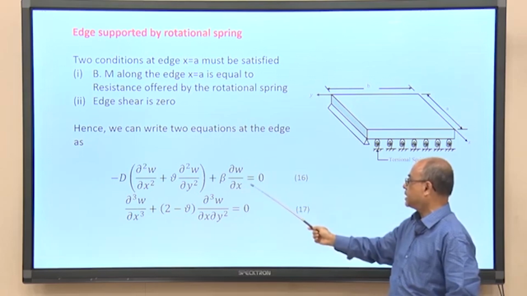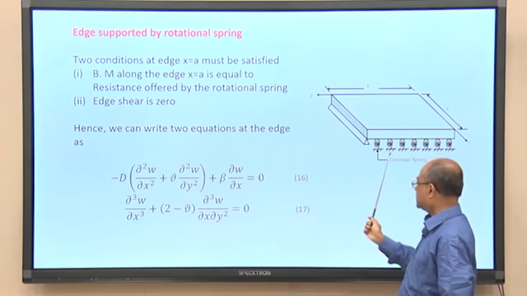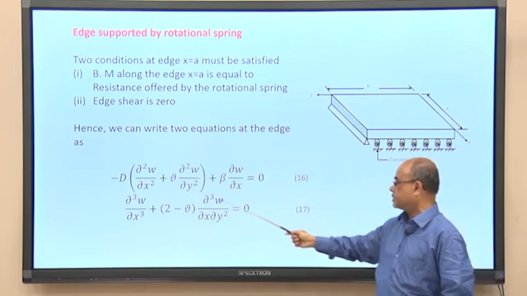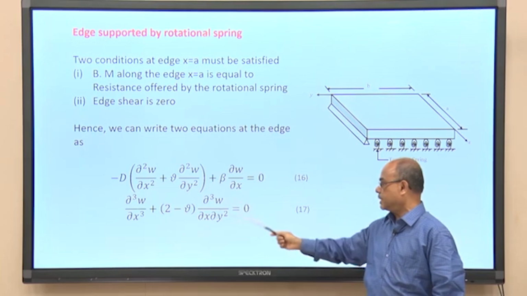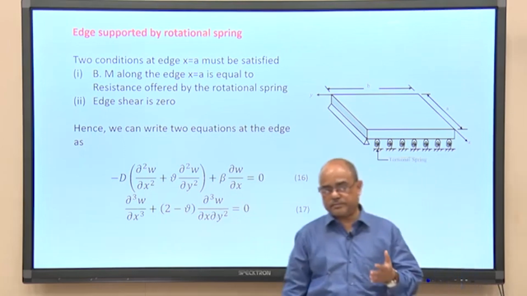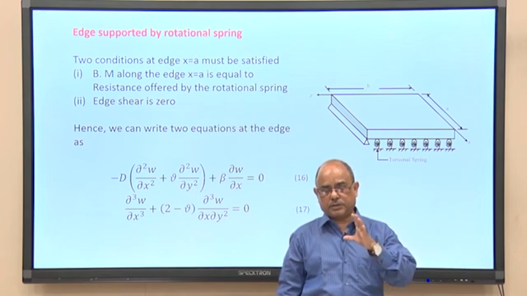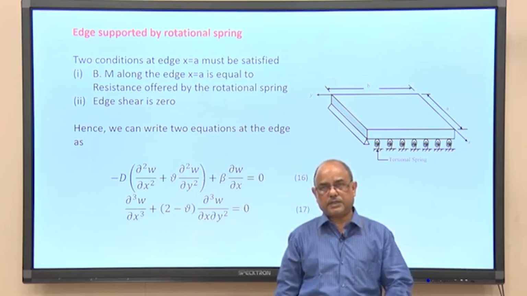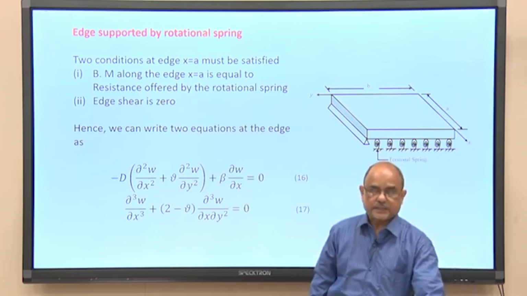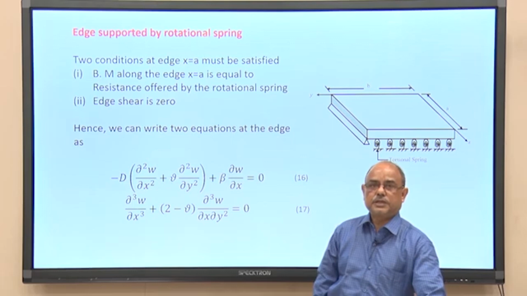This should be equated at x equal to a to get the first boundary condition. The second boundary condition is obtained by equating S shear equal to 0. So, we have discussed the boundary conditions that we generally encounter in practice, classical type and non-classical type. Classical types are common, but non-classical types also we have to impose in certain cases.